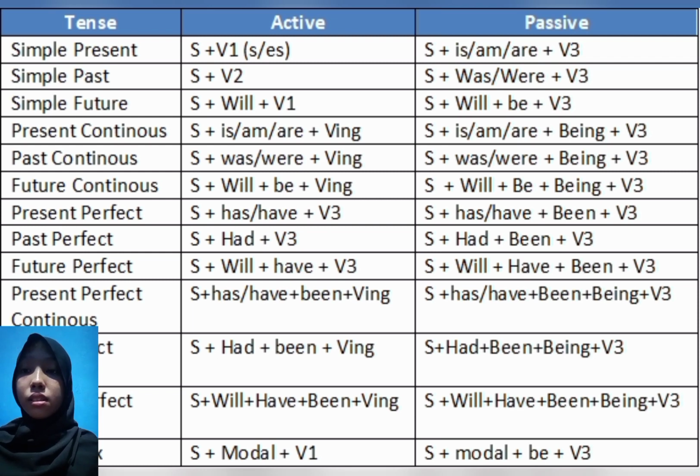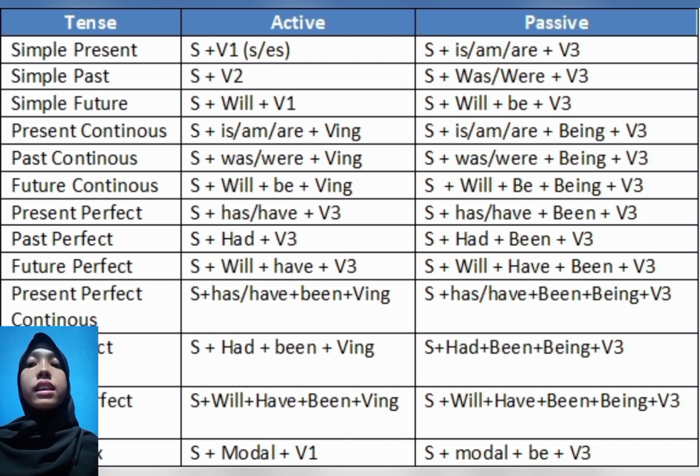Present continuous, pattern active: subject plus is, am, or are plus verb ing. Pattern passive: subject is, am, or are plus being plus verb 3. Past continuous, pattern active: subject was or were plus verb ing.